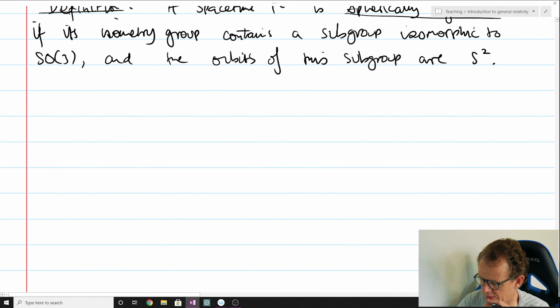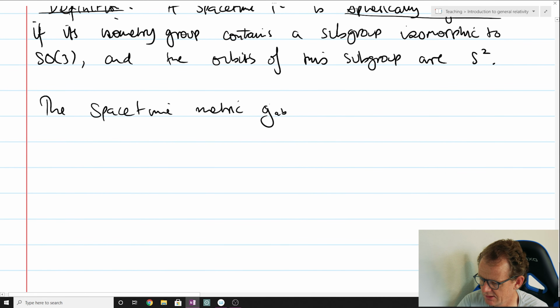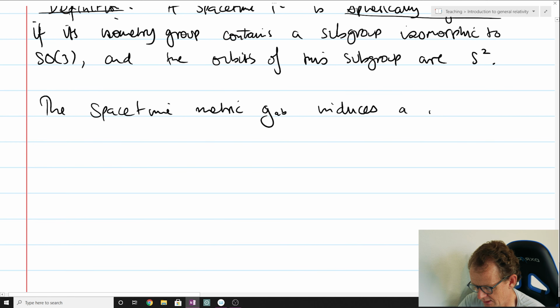And now let's try and deduce some consequences of this definition. Well, the first is that the full spacetime metric g_ab, the full metric, whatever it is, because these S2s, these surfaces of the sphere, these orbits of this isometry group are submanifolds, this metric induces a metric on each orbit.